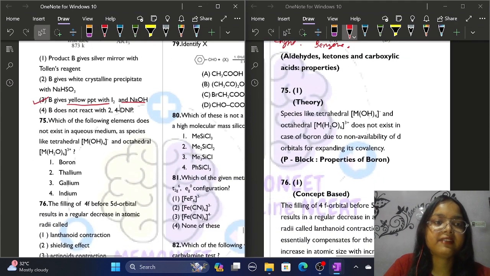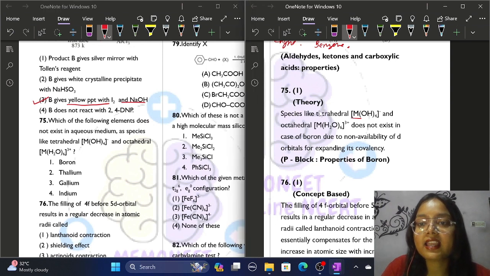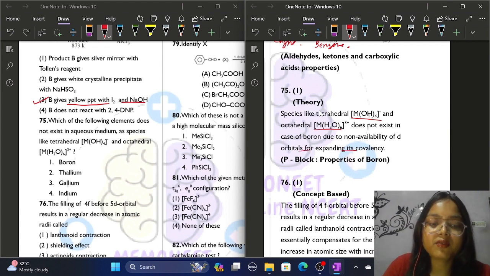Question number 75. Which of the following elements does not exist in aqueous medium as species like tetrahedral and octahedral? Species like [M(OH)4]- tetrahedral and octahedral do not exist in case of boron due to non-availability of orbitals for expanding its covalency.